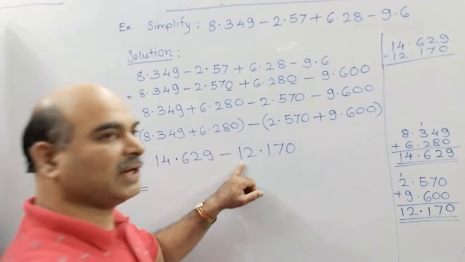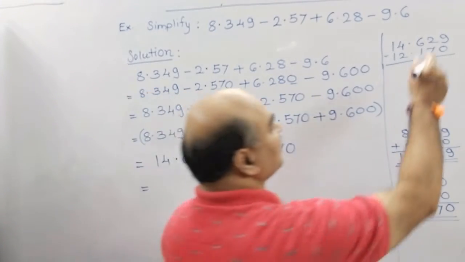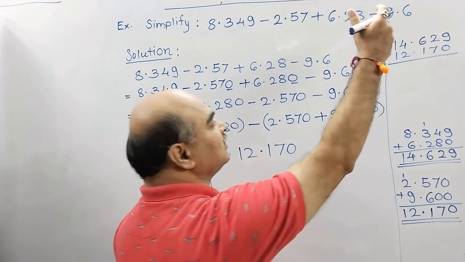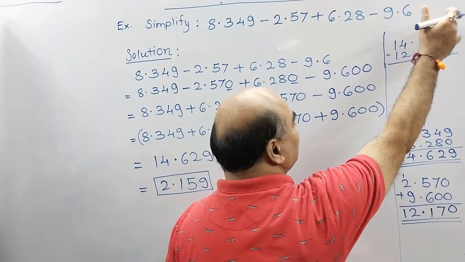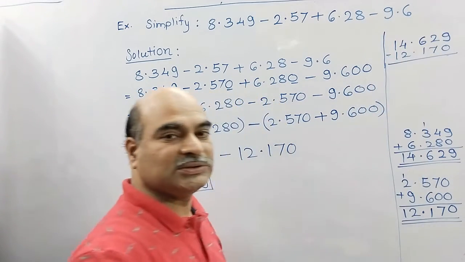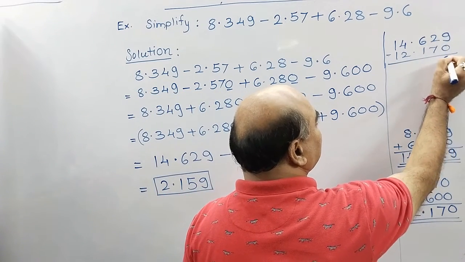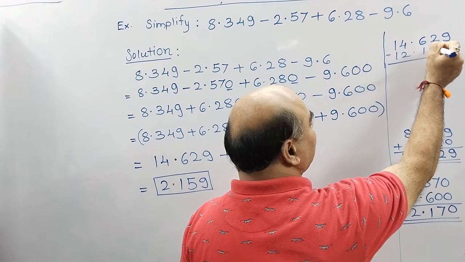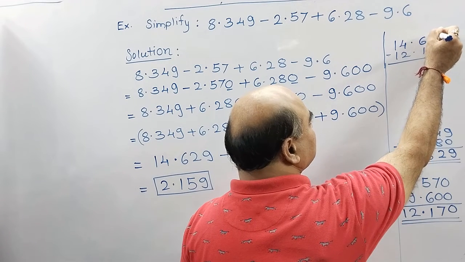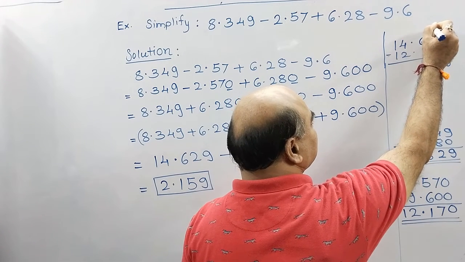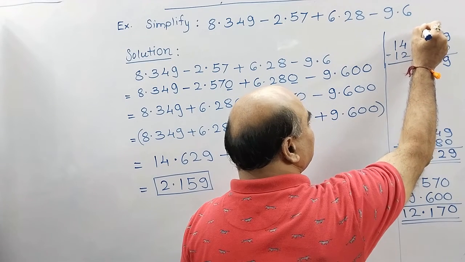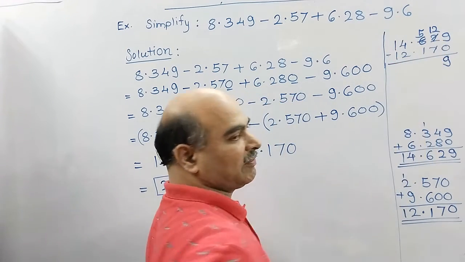We carry out this subtraction now. 9 minus 0 is equal to 9. 2 minus 7 is not possible, so this 2 borrows 1 from this 6. 2 becomes 12 and 6 becomes 5.